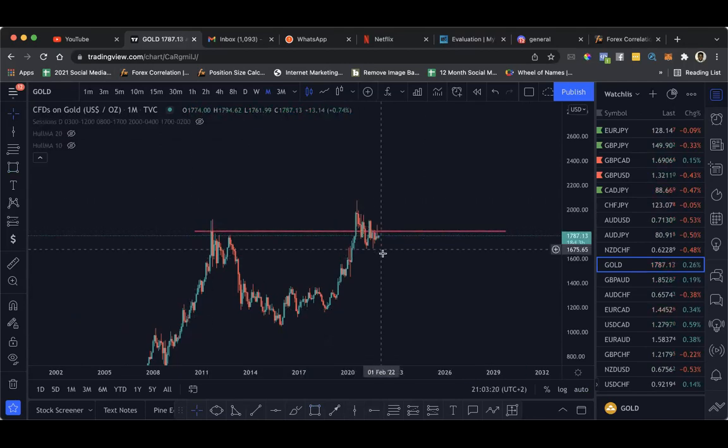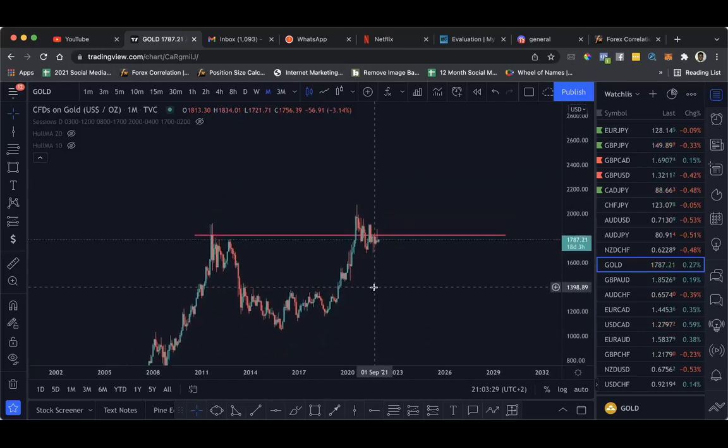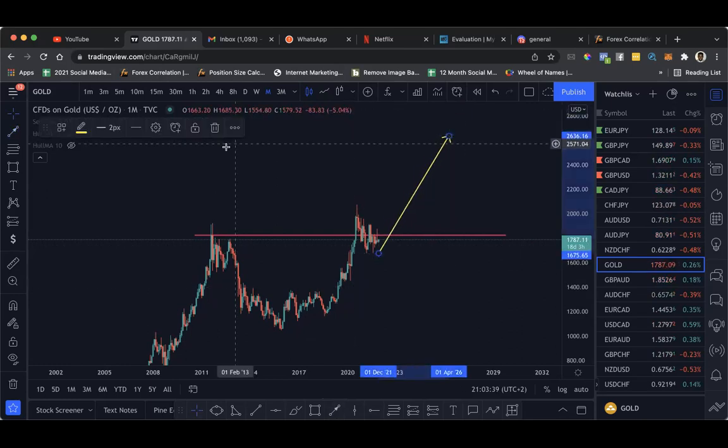Okay, price has come down to a supply zone. So the overall market direction for gold is an uptrend. Price is in a supply zone here. So possibly gold's long-term move is to go up long-term.